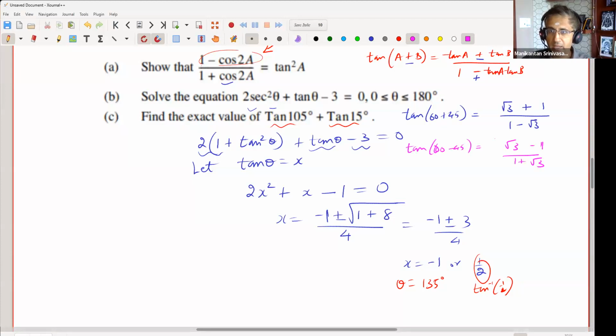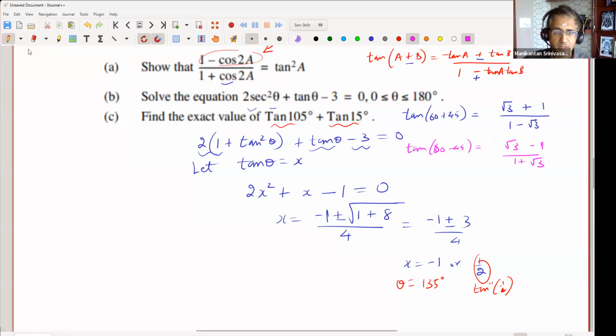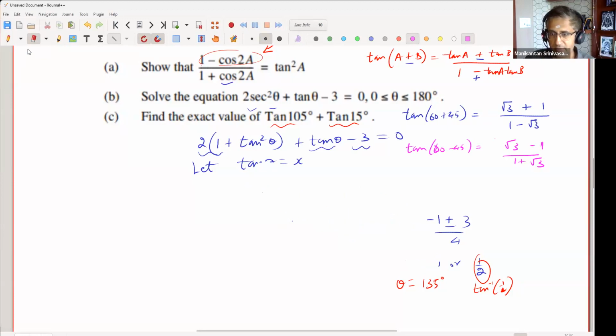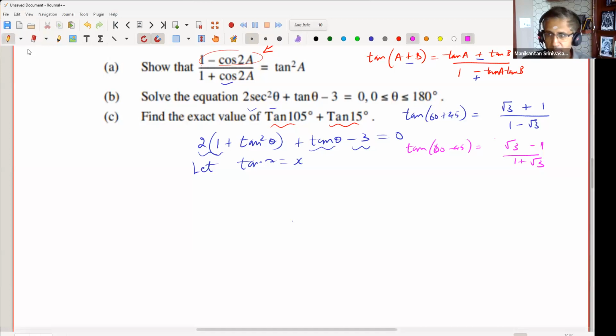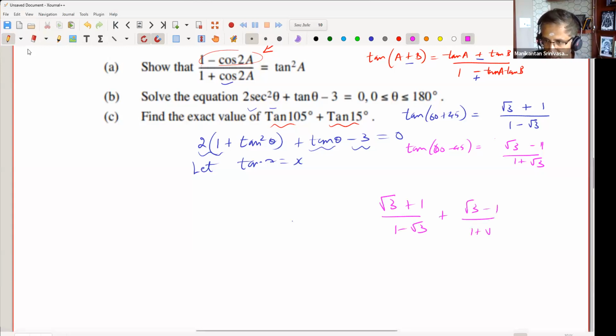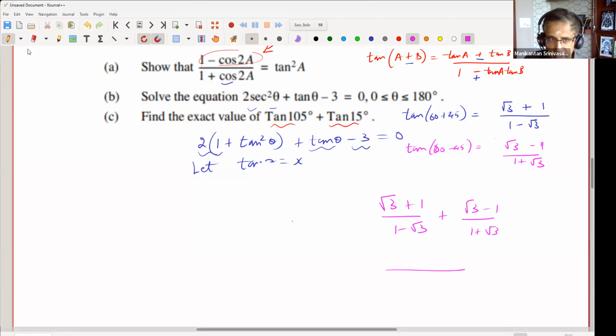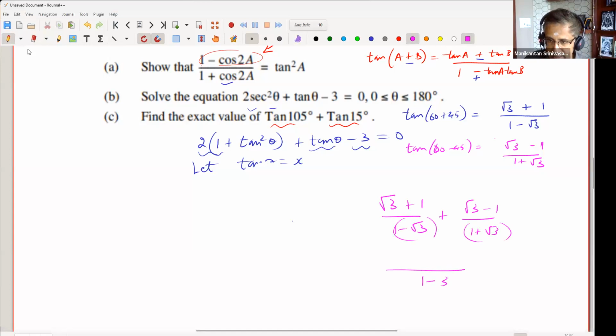So we just have to add both. So root 3 plus 1 by 1 minus root 3 plus root 3 minus 1 by 1 plus root 3. So let's take the common denominator by multiplying 1 minus root 3 and 1 plus root 3. I get 1 minus 3.